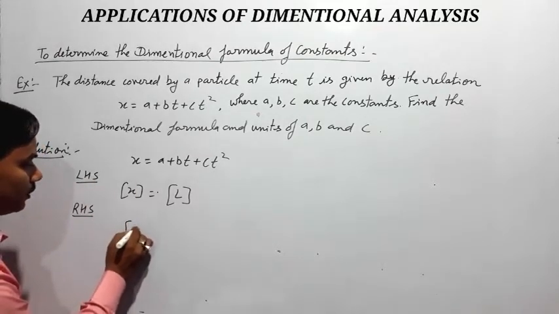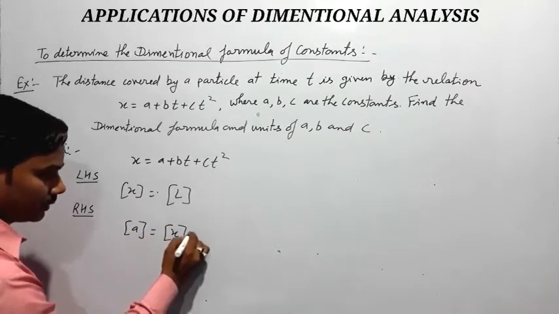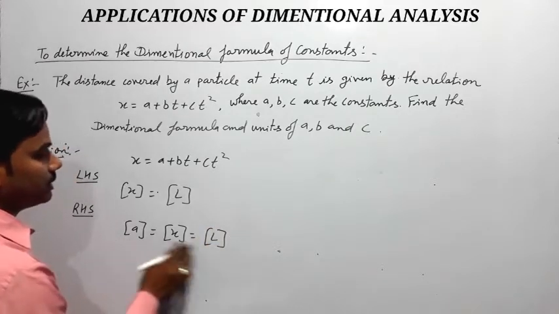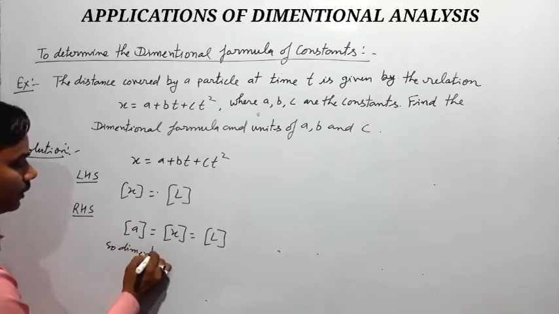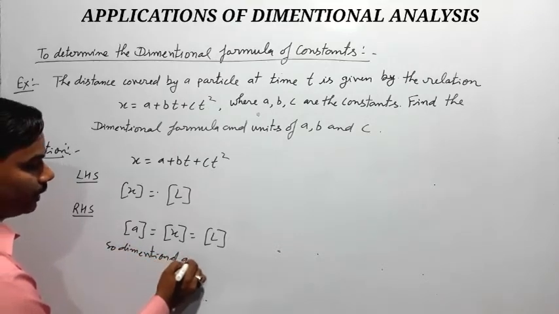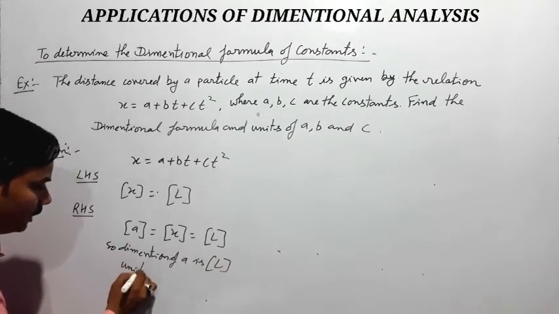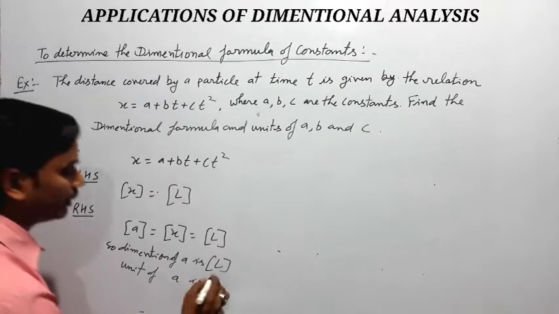So the dimension of a will be equal to the dimension of x, so this will be L. So the dimension of a is L, and the unit of a is meter.